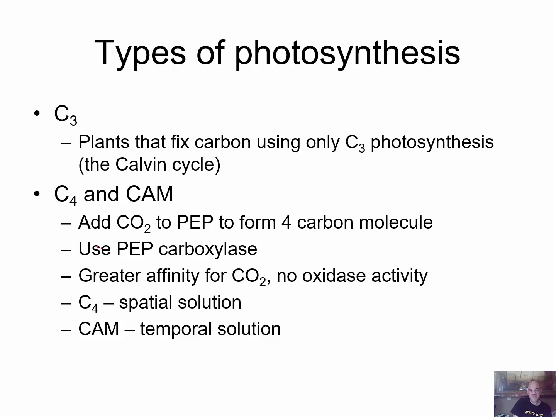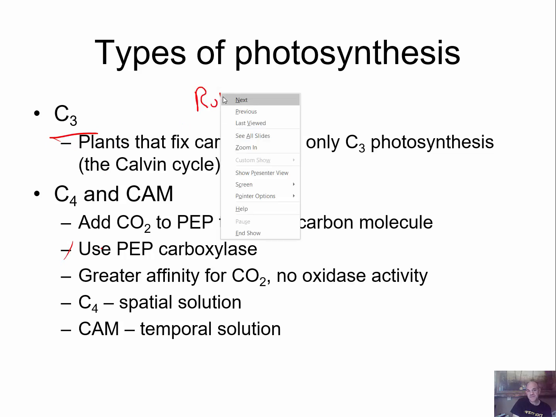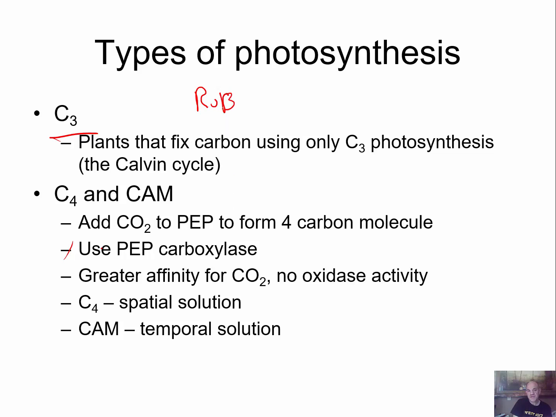C3 is the Calvin cycle, and it's called C3 because the ribulose bisphosphate is a 5-carbon compound, and then when we add the carbon dioxide, that adds another carbon, which gives us a 6-carbon compound, and then it immediately splits in half, which is going to give us 2 3-carbon compounds.